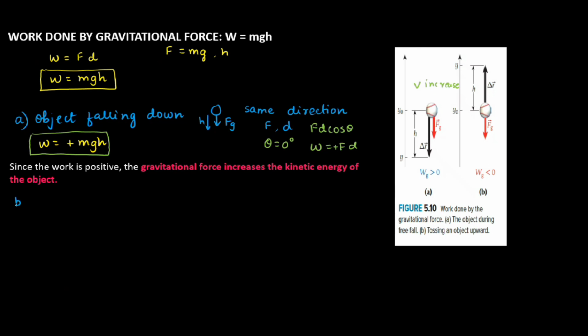The second case is when the object is going up. When the object is going up, the displacement of the object is opposite to the force due to gravity. They are opposite to each other. F and D are opposite.